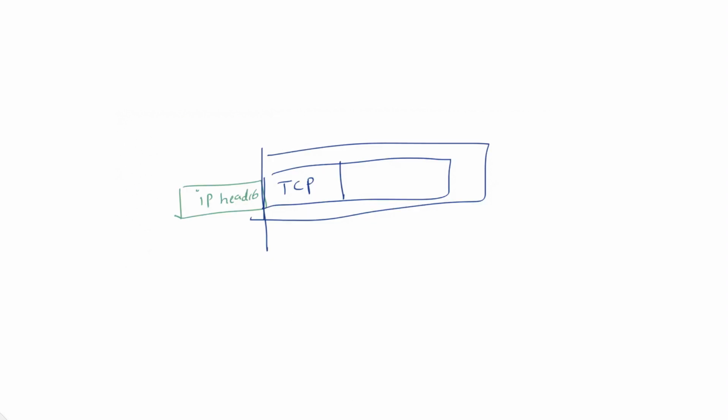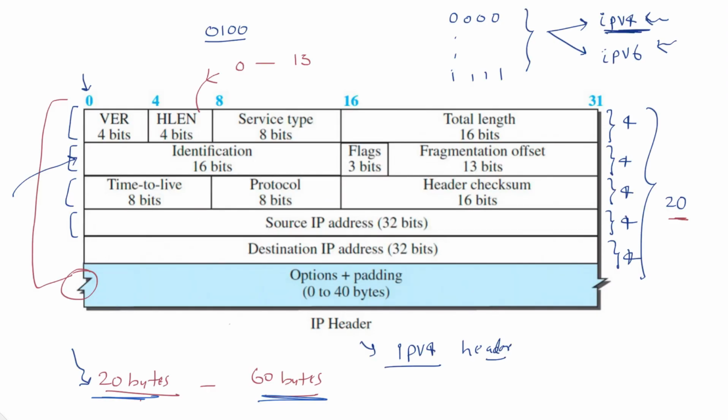So this protocol field is telling us which higher level protocol header you are encapsulating. Suppose this is TCP, then this protocol field will have, I do not remember exact numbers, I think 16 or 17. Suppose this is UDP, then this protocol field will have 17, something like that. So don't go with these numbers, I'm just giving an example.